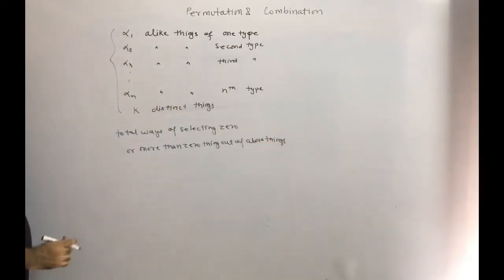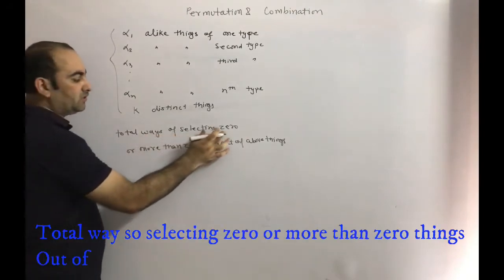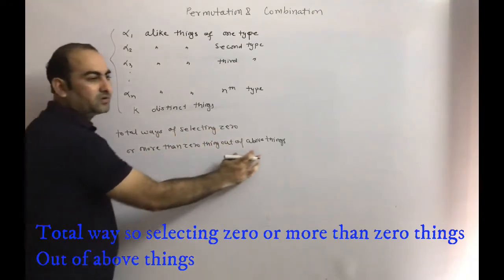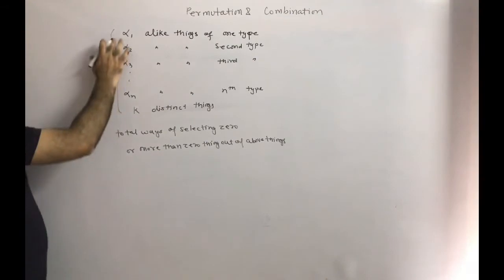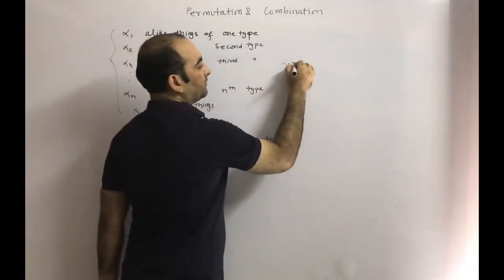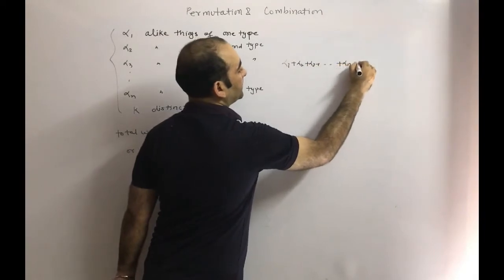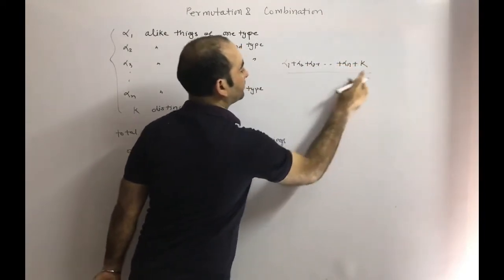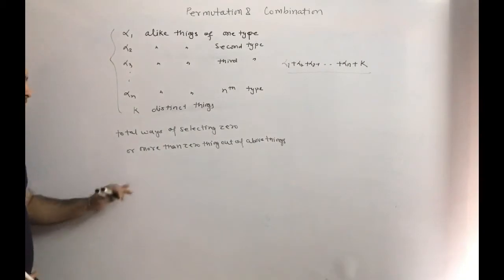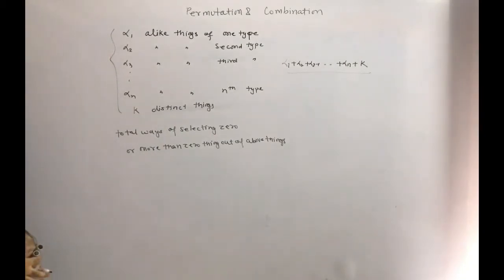So what are the above things? Alpha 1 plus alpha 2 plus alpha 3 plus so on plus alpha n plus k distinct things. So from these things we want 0 or more than 0 things. Then how to find out?